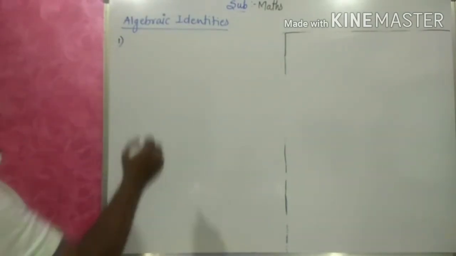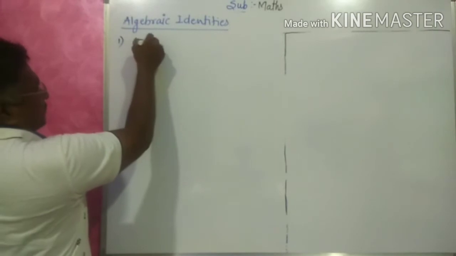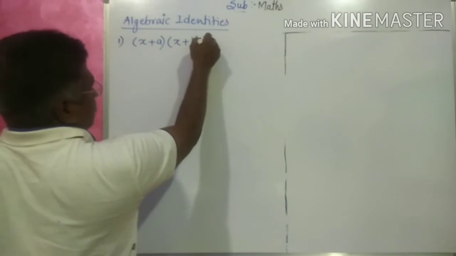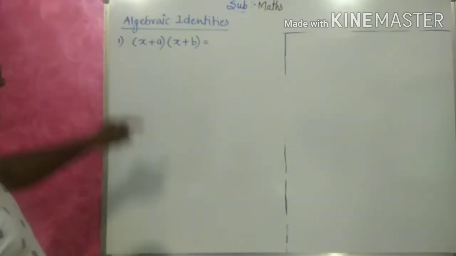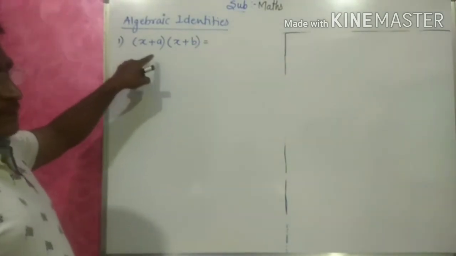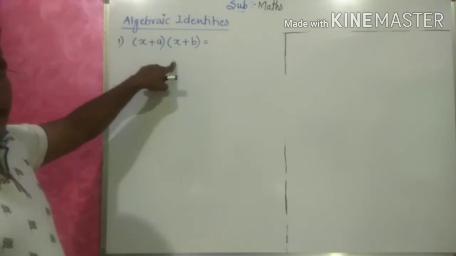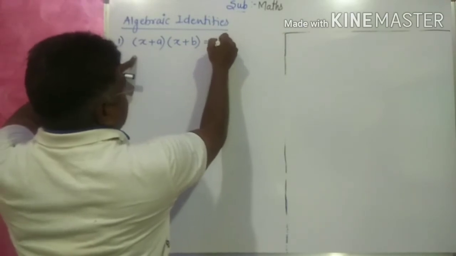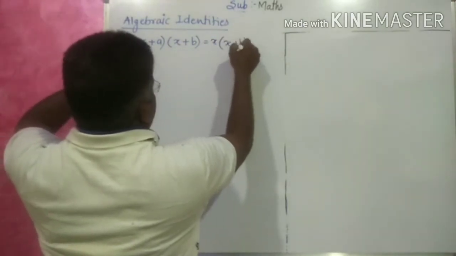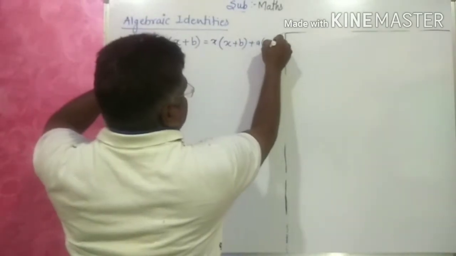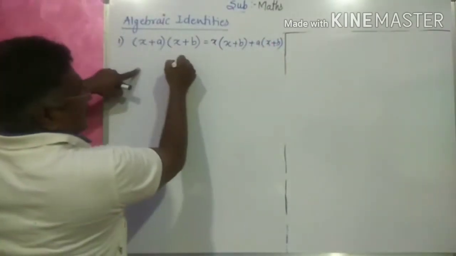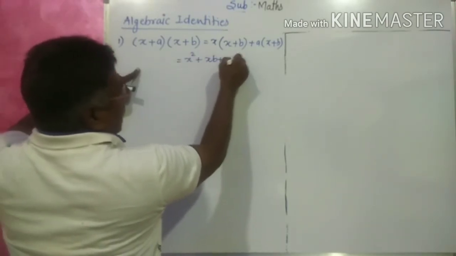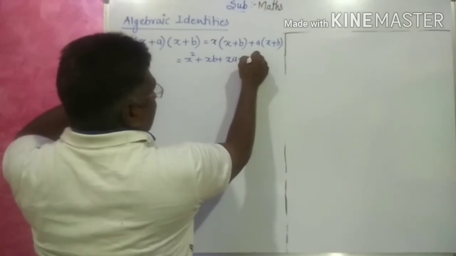The first identity is (x plus a) into (x plus b). This identity is just the distributive property. If we multiply x by x plus b and a by x plus b, we get x square plus xb plus xa plus ab.